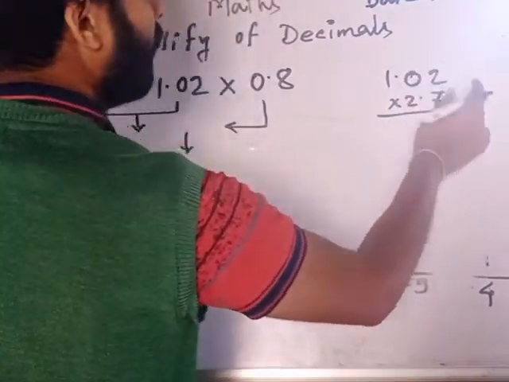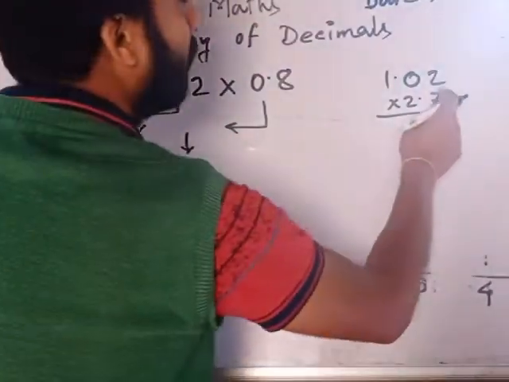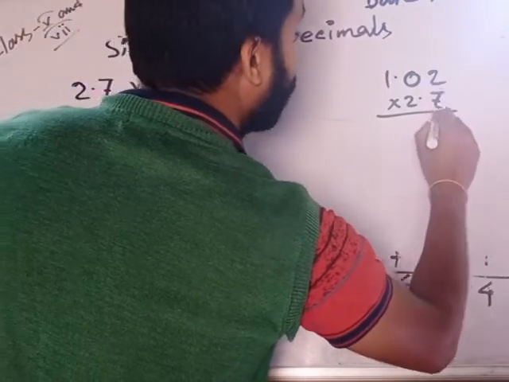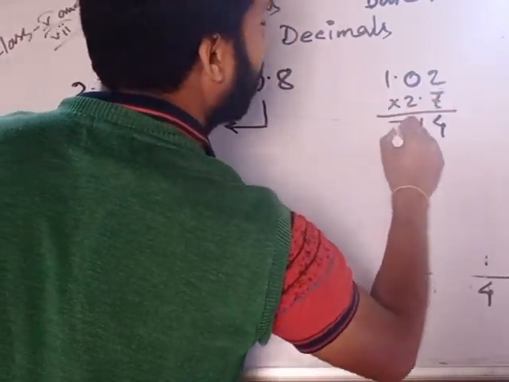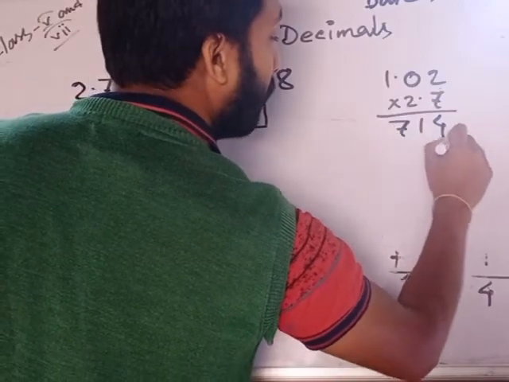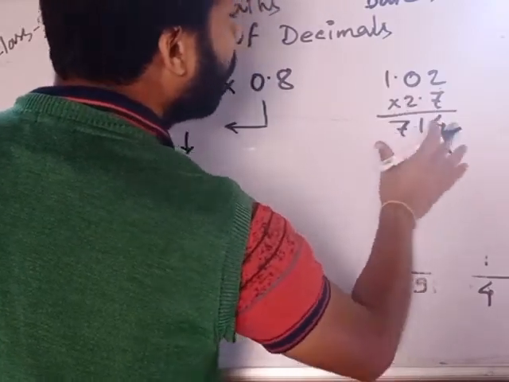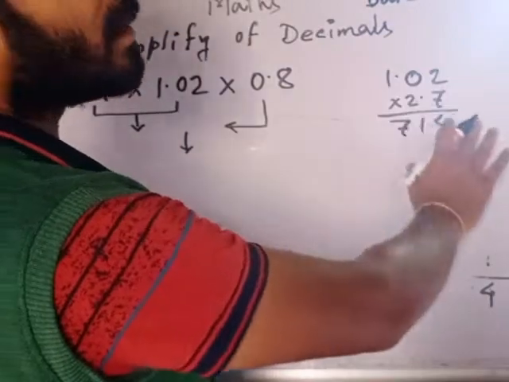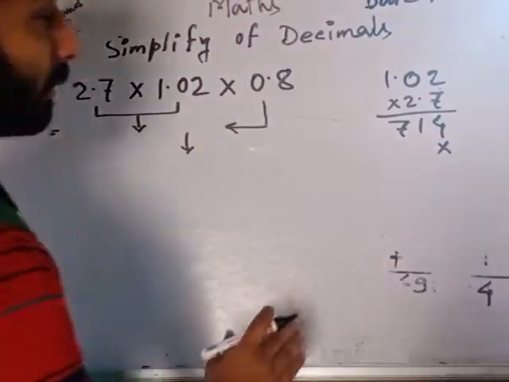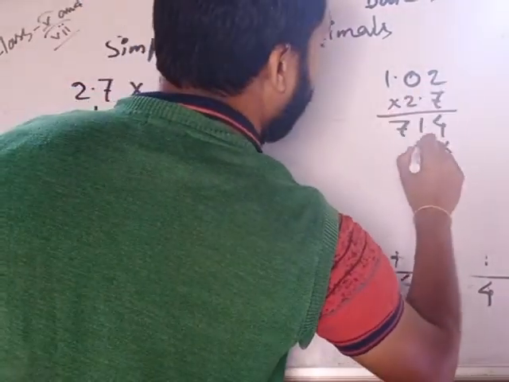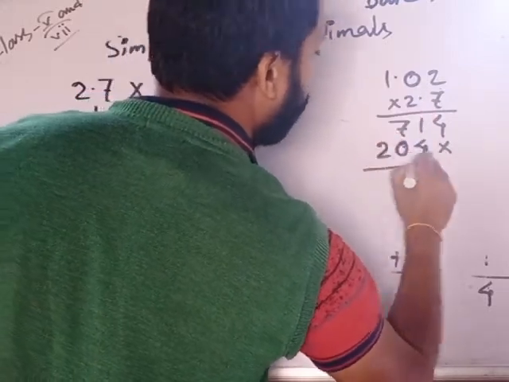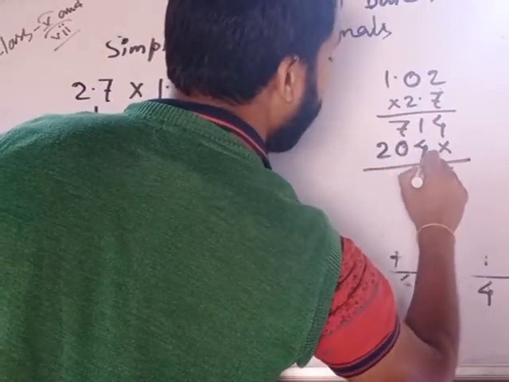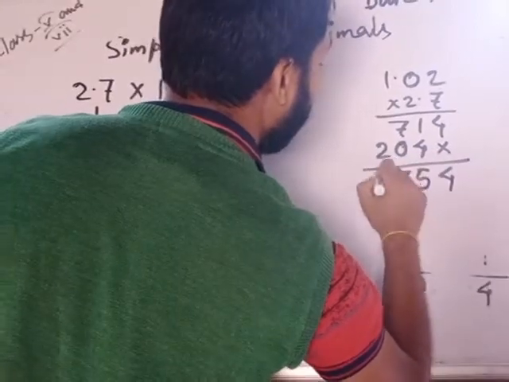Just apply the multiplying rules. 7 2s are 14, so we should write here 14 because 0 is in here. 7 1s are 7. Don't write the point here. After finishing the multiplication, you should place the point. 2 2s are 4, 2 0s are 0, and 2 1s are 2. So we should write here 4 5 7 2.